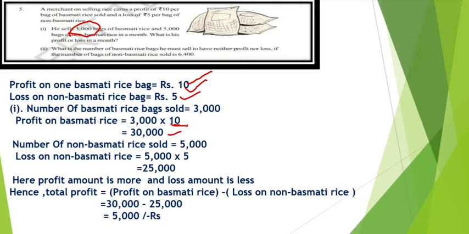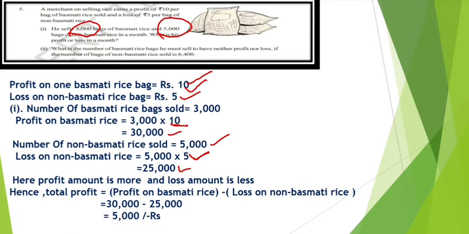And the number of non-basmati rice bags sold is 5000, and he is getting a loss on those, so loss on non-basmati rice is equal to 5000 bags into 5 rupees loss per bag, that is 25000.